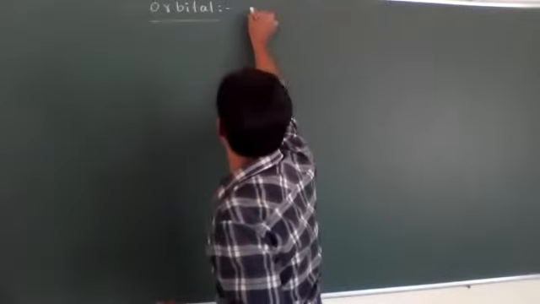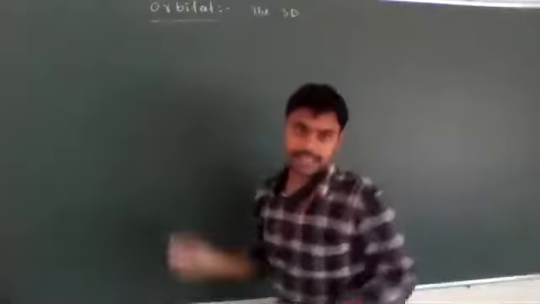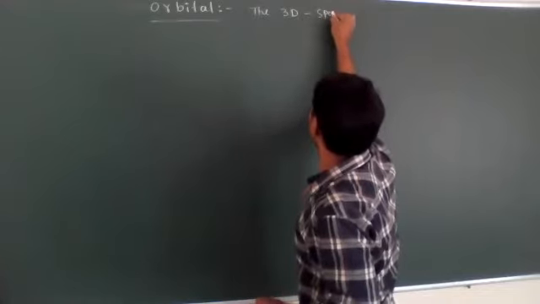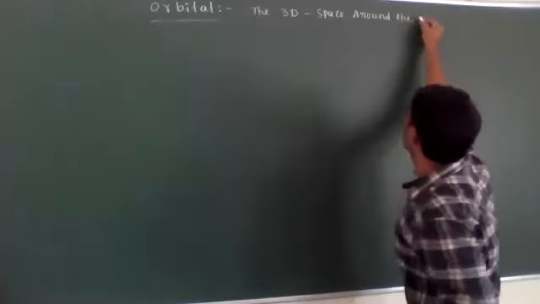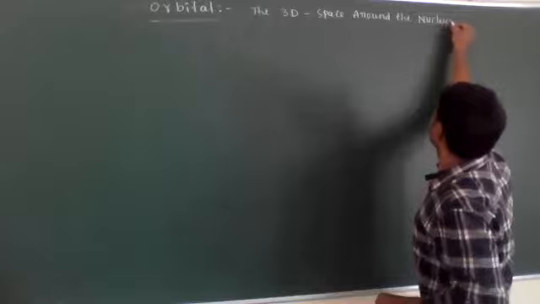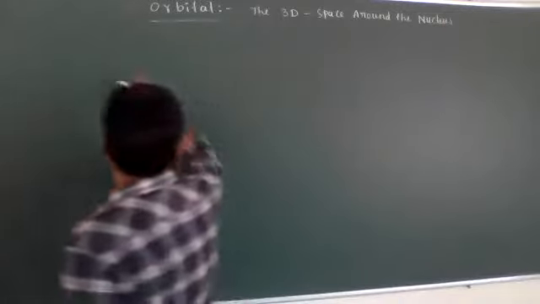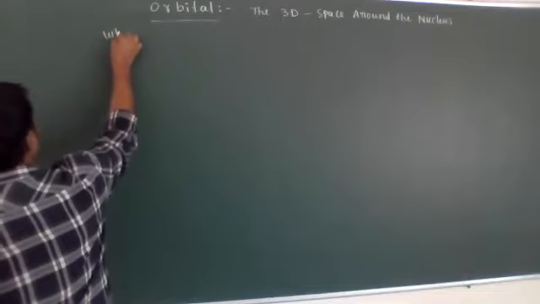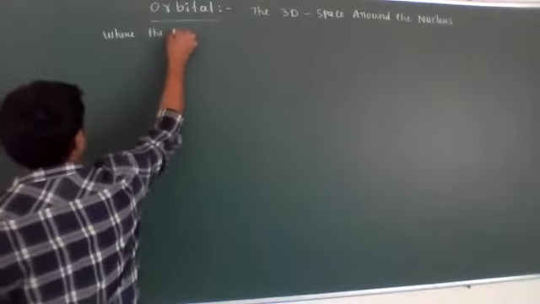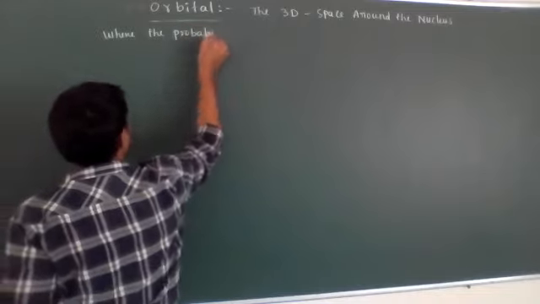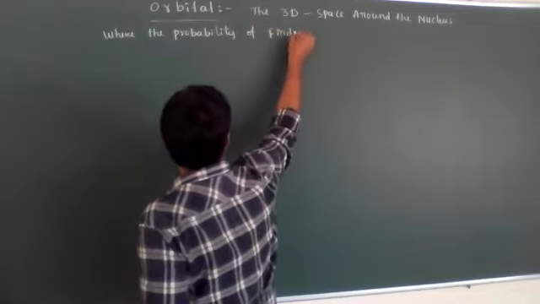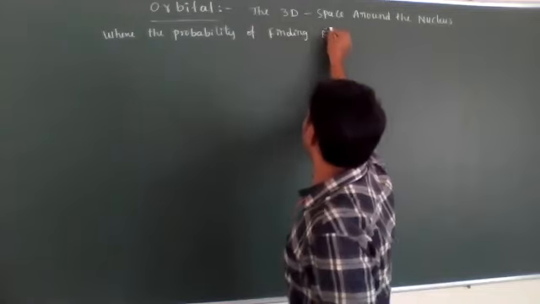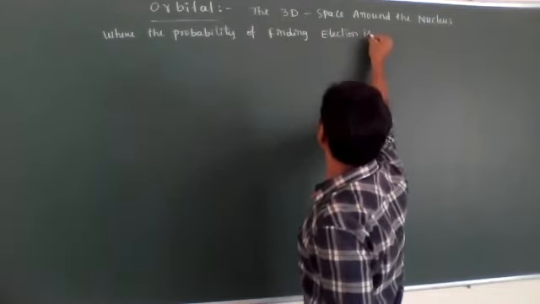Okay, listen. Orbital. Already you know that orbital means the three-dimensional space around the nucleus, where the probability of finding an electron is maximum.